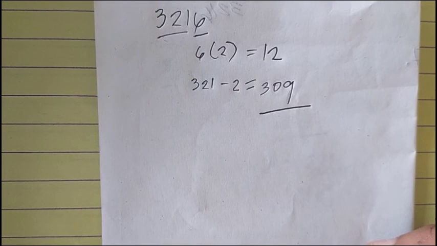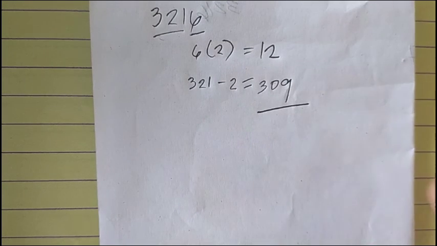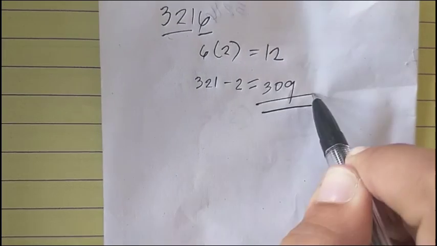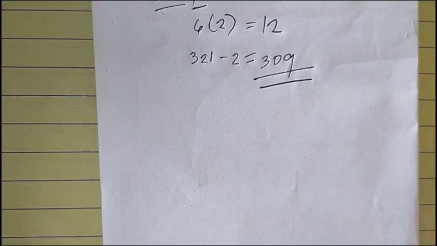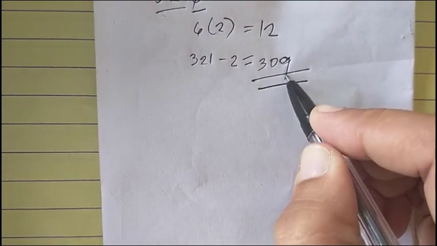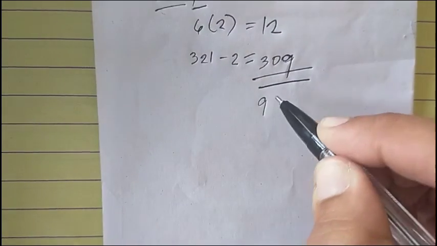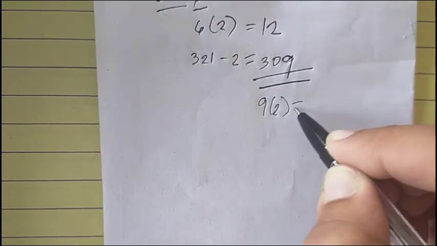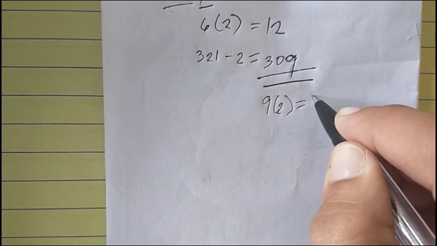So we do not know if 309 is a multiple of 7. So let us go back to step 1 with the number 309. Multiply again the last digit by 2, which is 9 times 2 is equal to 18.